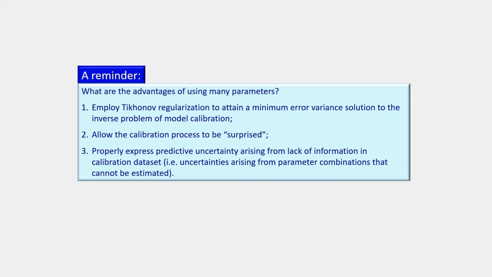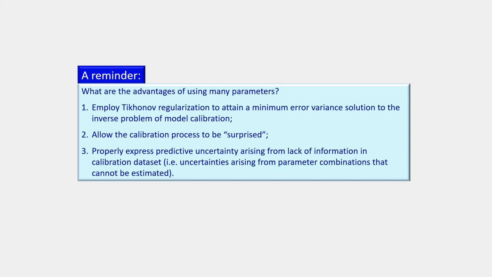Before we talk about the details of pilot points, let's remind ourselves of some issues that we talked about in other videos. In particular, let's remind ourselves of the benefits of undertaking highly parameterized inversion, that is, using many parameters in the inversion process, that is model calibration.